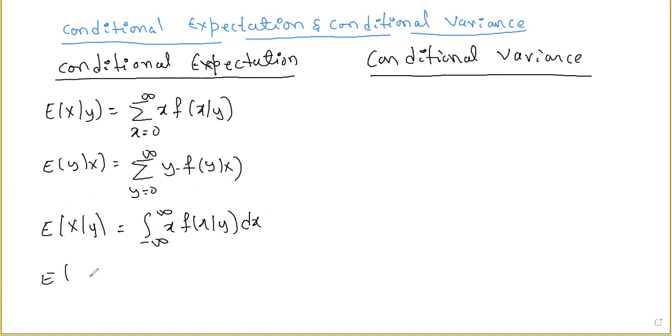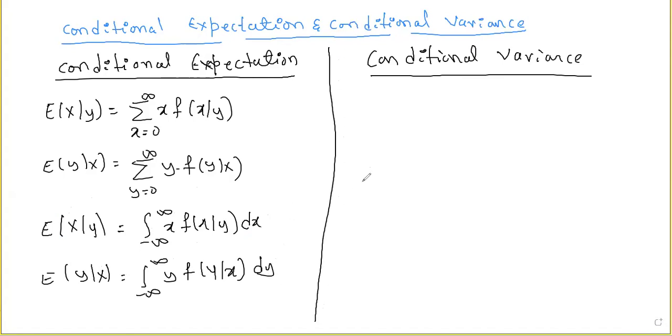Next, expectation of y given x, which is integration minus infinity to infinity y into f of y given x dy, right? So these are the four formulae to find out conditional expectation.